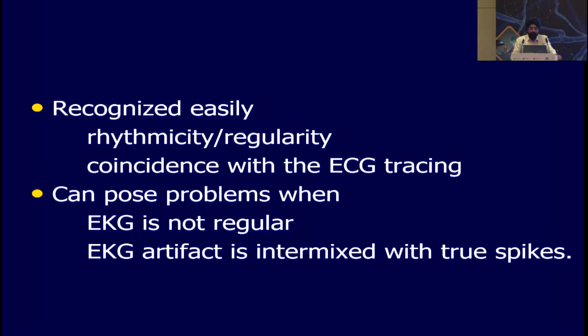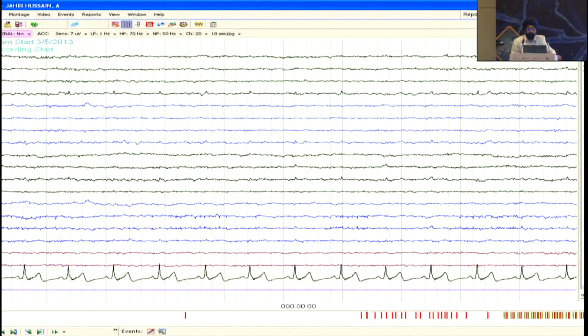Recognized easily by rhythmicity and regularity and coincidence with the ECG tracing, but it can pose a problem when the EKG is not regular or is intermixed with two spikes. Sometimes that can cause confusion.